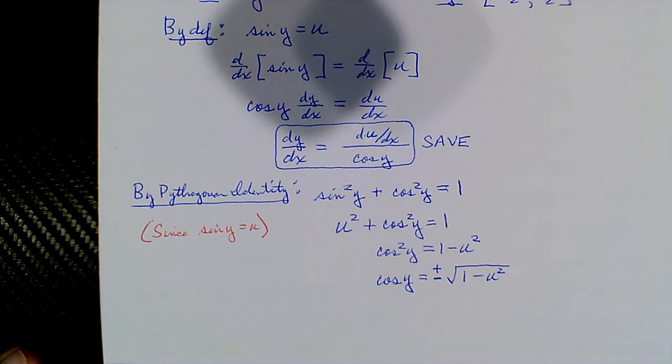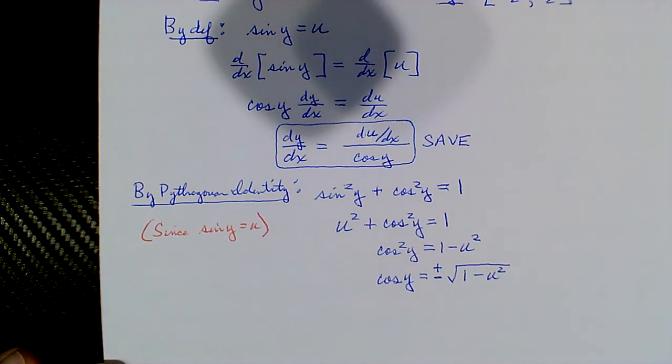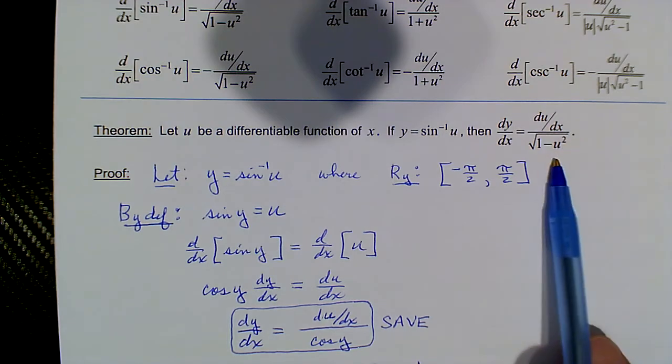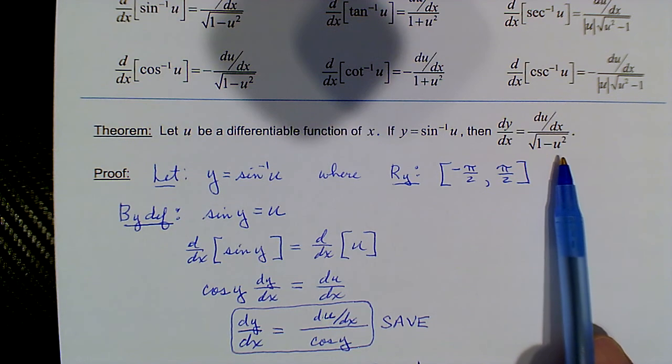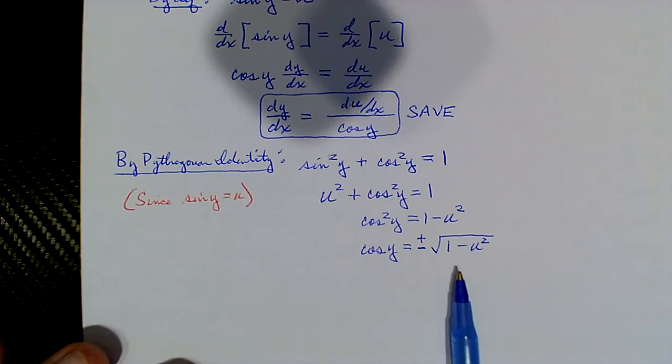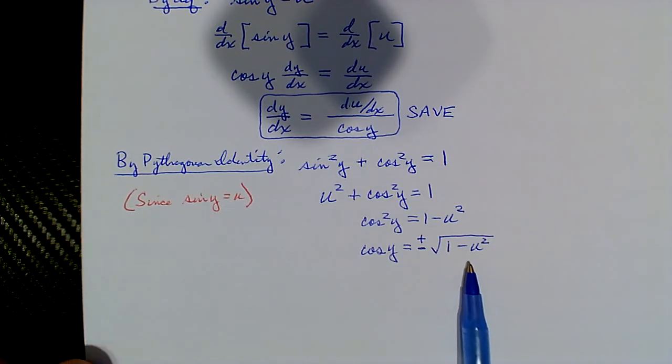So you have to introduce the plus or minus there. So we don't automatically come up with the positive square root of 1 minus u squared. We came up with plus or minus the square root of 1 minus u squared.